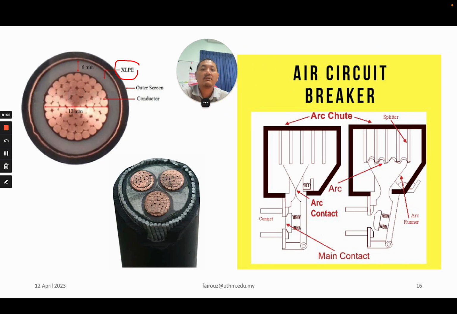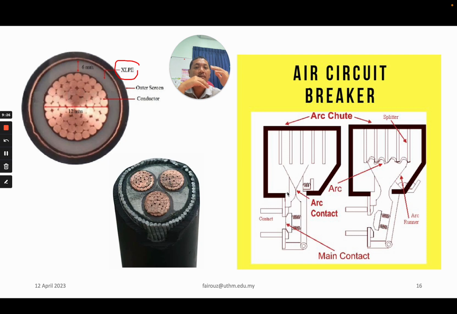Next, we have the air circuit breaker. A circuit breaker is pretty much like a switch, all right? Of course the switch has a main contact and a fixed contact, right? When we turn off the switch or the circuit breaker, an electric arc is produced because we are opening the switch.